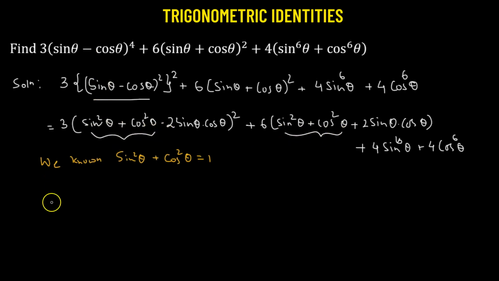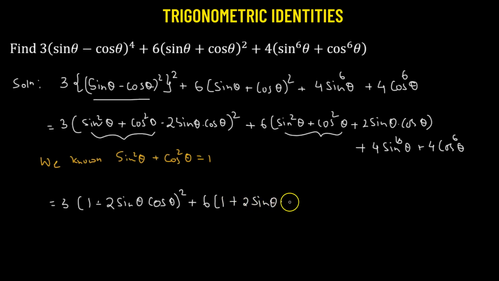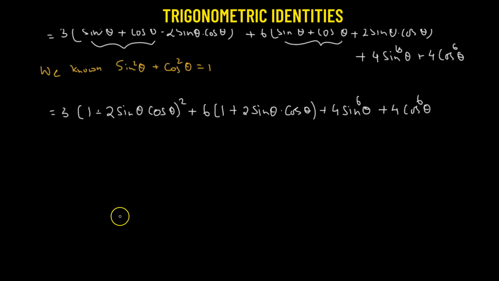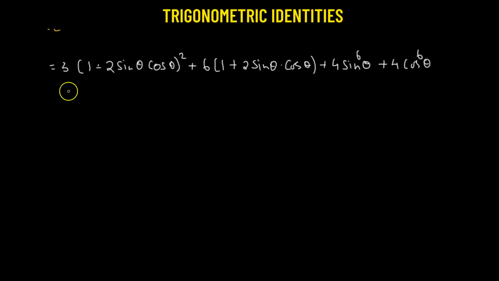This is going to give us 3 times (1 minus 2 times sine theta times cosine theta) whole squared plus 6 multiplied by (1 plus 2 times sine theta times cosine theta) plus 4 times sine theta whole raised to the power of 6 plus 4 times cosine theta whole raised to the power of 6. Fine. Now we'll further simplify.